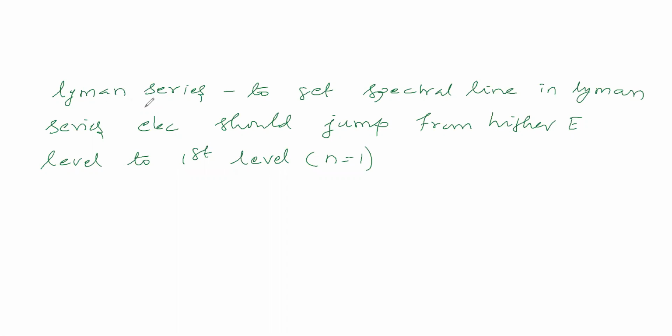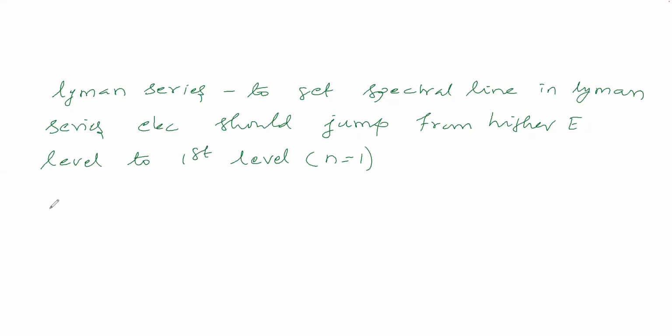So if the electron jumps from a higher energy level to the first level, it emits radiation. That radiation contains a quantum that gives a spectral line in the ultraviolet region. To get the Lyman series, the electron should jump from a higher energy level to the first level for emission spectrum.